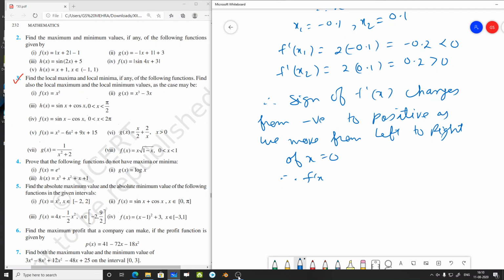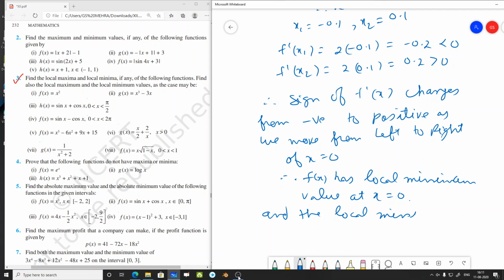Therefore, f(x) has a local minimum value at x equal to 0, and for the local minimum value we have to put x equal to 0 in f(x) and not in f dash x.